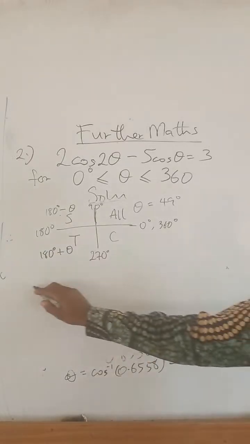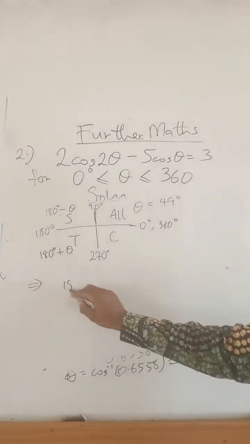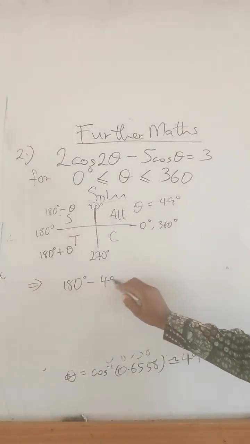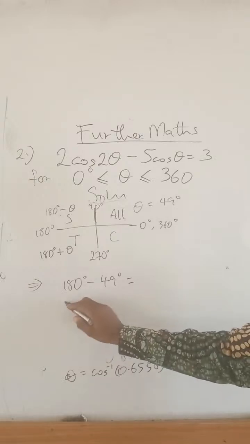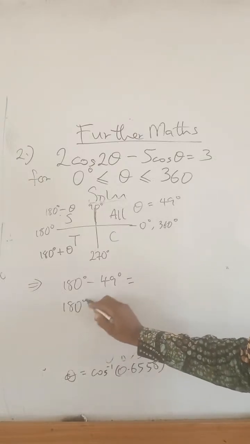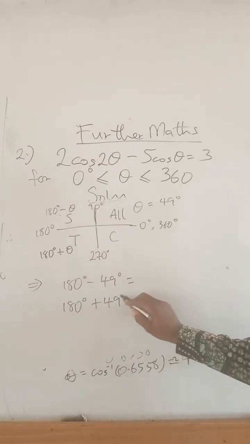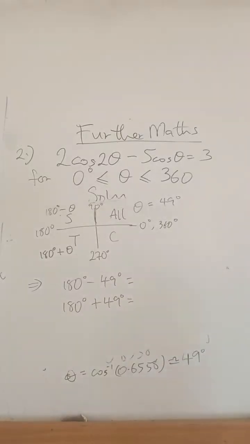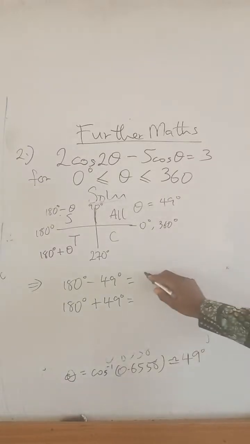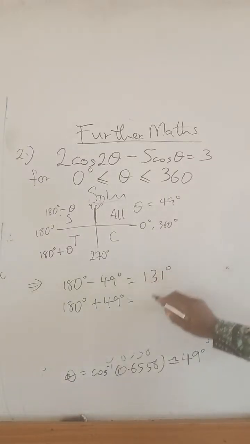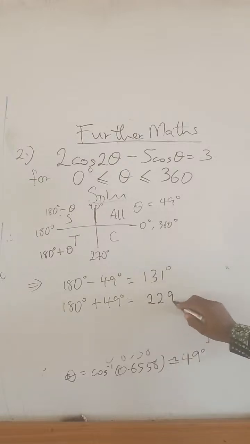Let's check. 180 degrees minus 49 gives us 131 degrees, and 180 degrees plus 49 gives us 229 degrees.